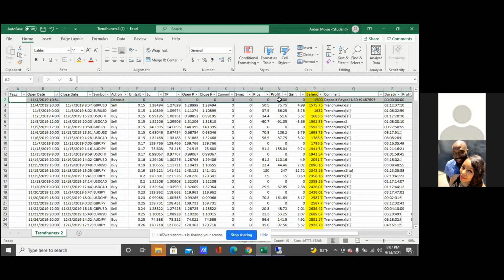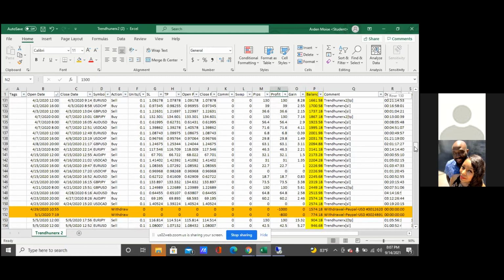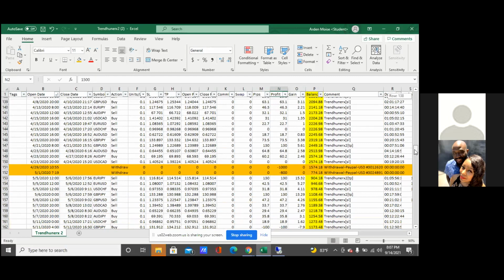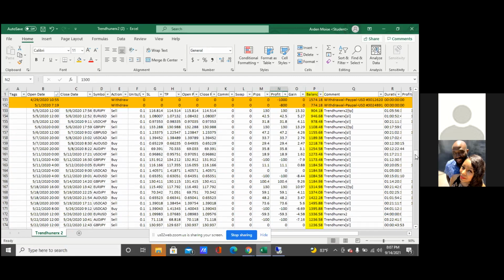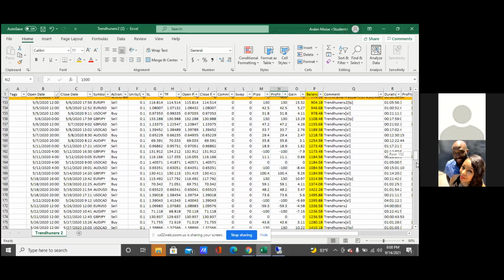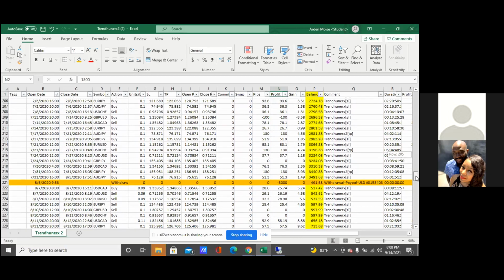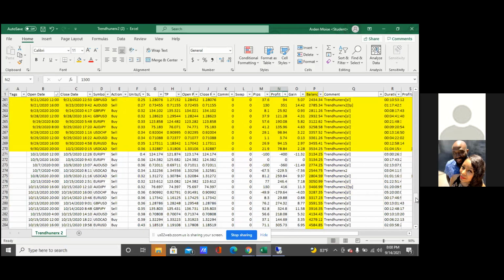I think we ended up with a total of about 20,000 for the year. So that's about 1,300% for the year. That's insane.